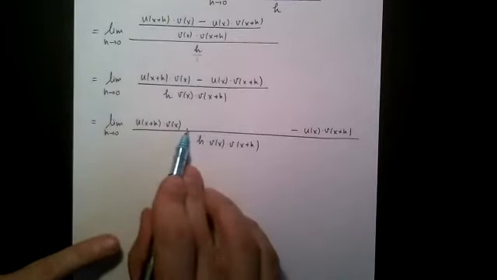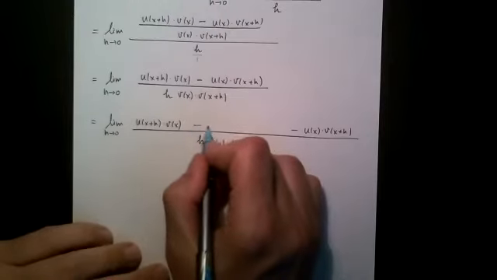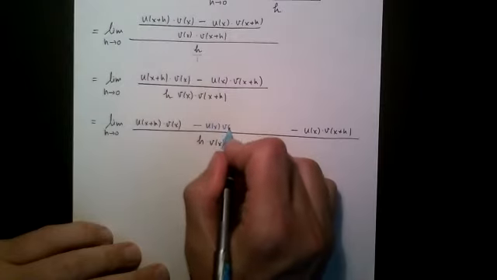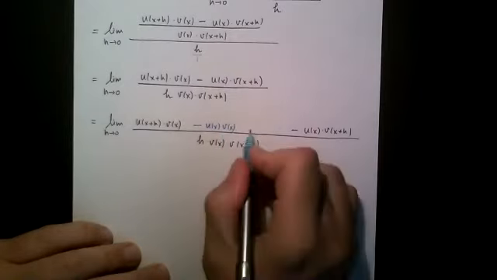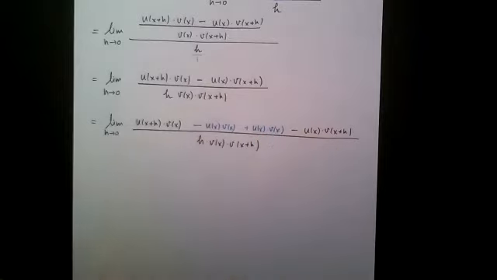So I'm going to subtract u of x times v of x, and here I'm going to add u of x times v of x. So nothing changed.